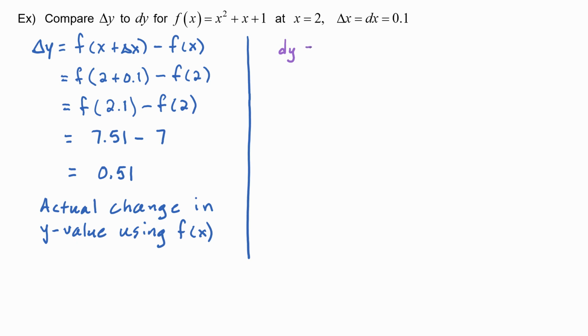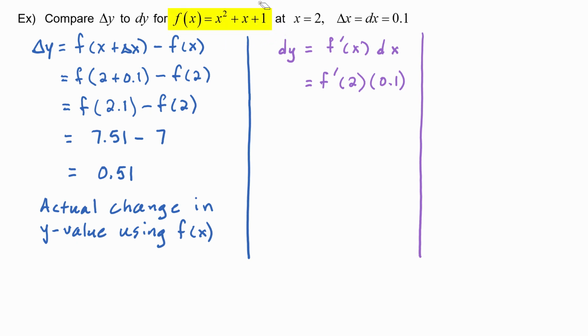Now dy is defined to be f prime of x dx. This is the differential of y. So that means we're going to need to calculate f prime at 2 times dx, which we know is 0.1. Now, in order to calculate f prime of 2, that means we need to know what f prime is.